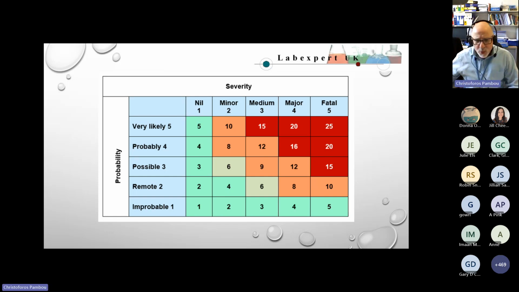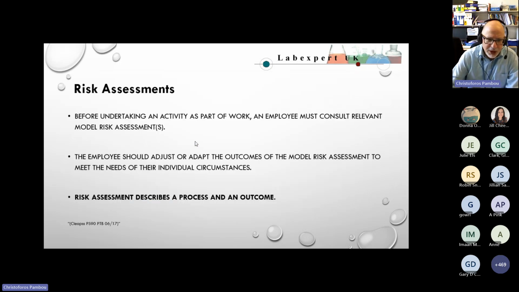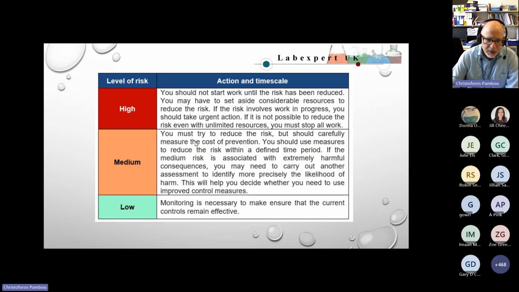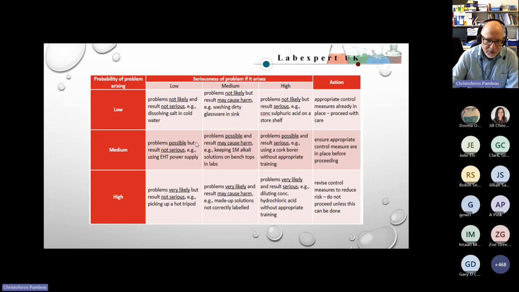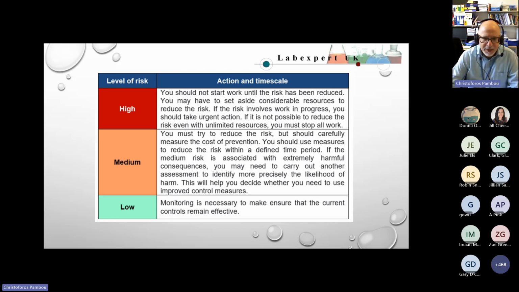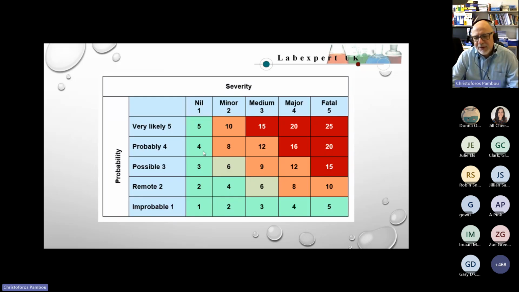Another table, which is more commonly used nowadays by health and safety personnel, uses a numbering system. It's very similar to the previous one, but instead of low, medium, and high, we give numbers, because sometimes it's a little unclear what low means or what medium means. I sometimes prefer to use numbers.